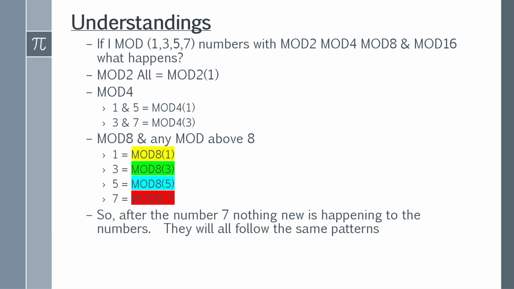All of our formulas are going to match the formulas that are established with 1, 3, 5, and 7. And so I can precisely calculate what's going to happen next to this number, right? And know nothing new is going to happen. They will all follow the same patterns.